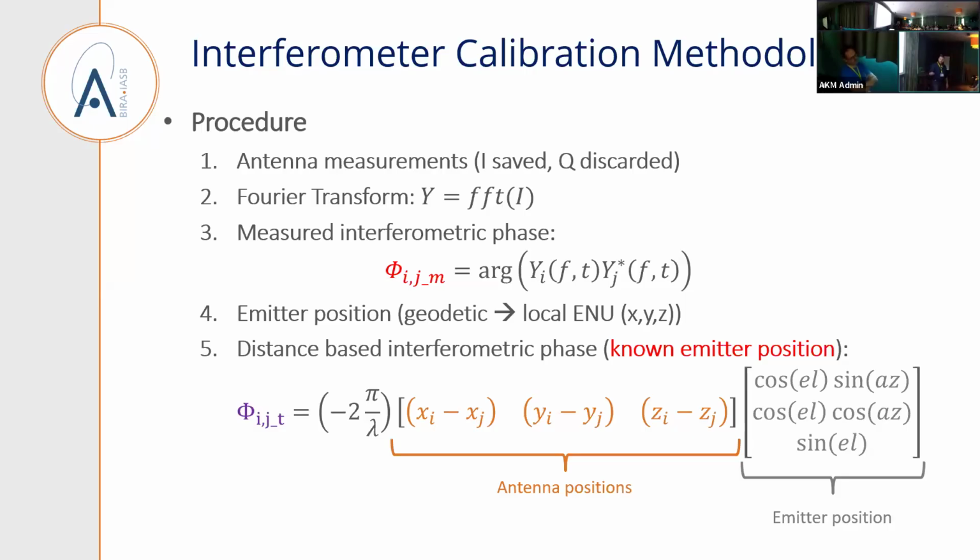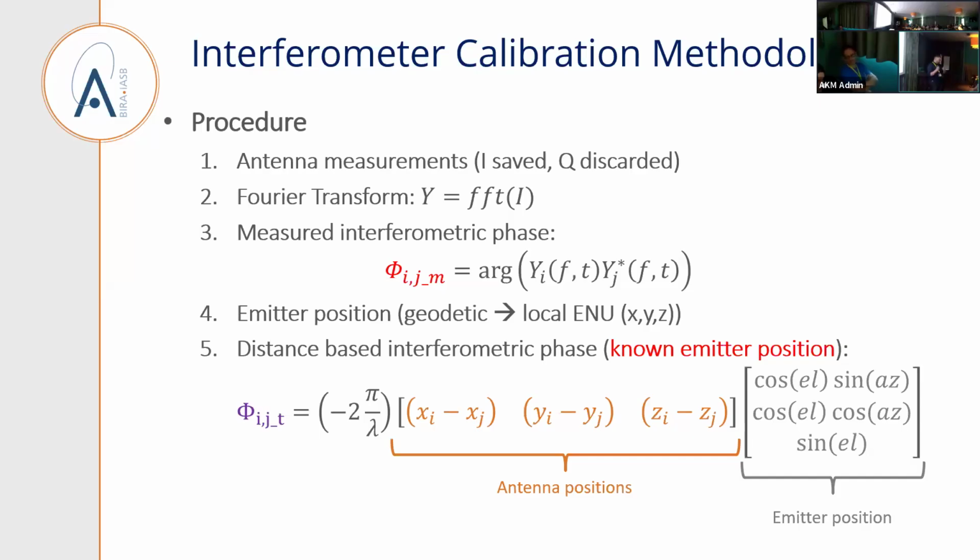Then I take the emitter position, so I need a known position of a transmitter or an emitter. Do the GPS conversion from geodetic coordinates to local INO coordinates with the central antenna of the interferometer as a reference point. And then I calculate the distance-based interferometric phase.